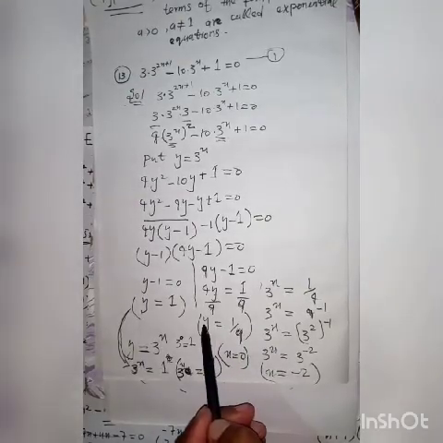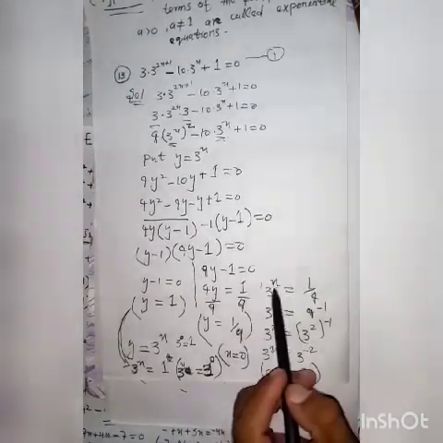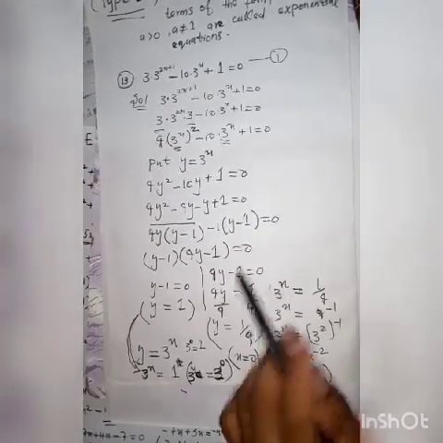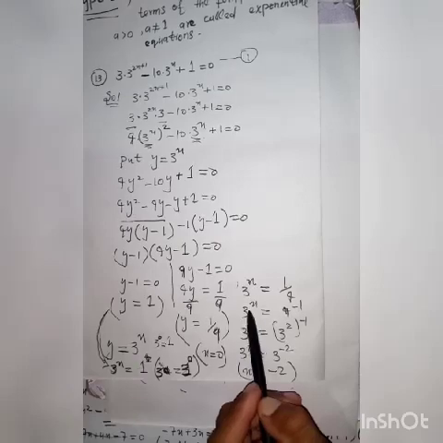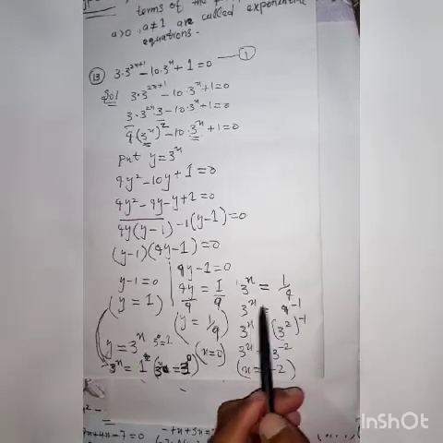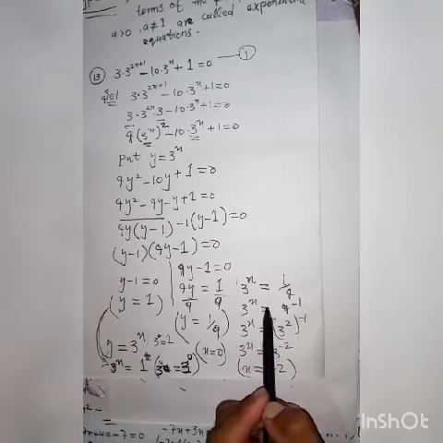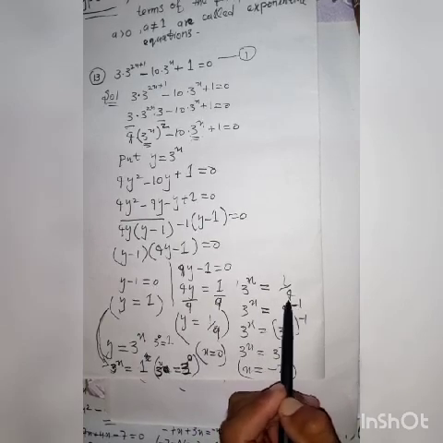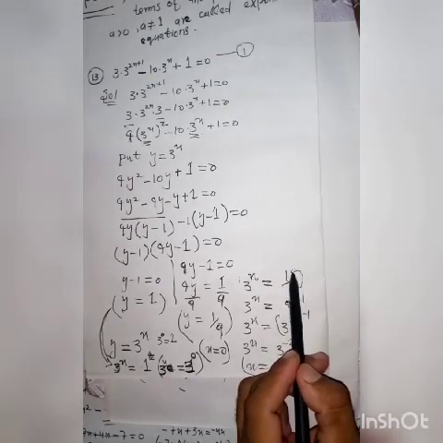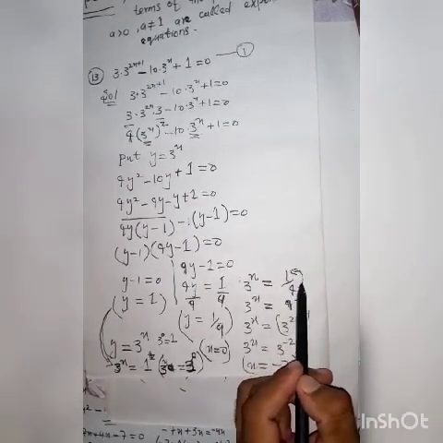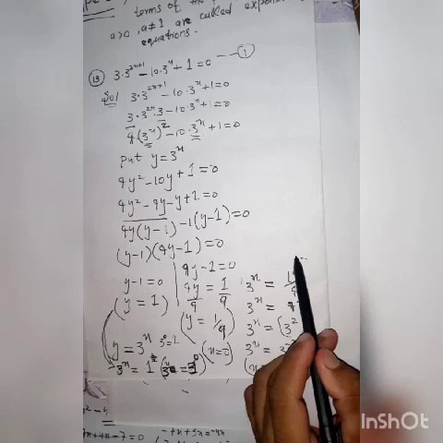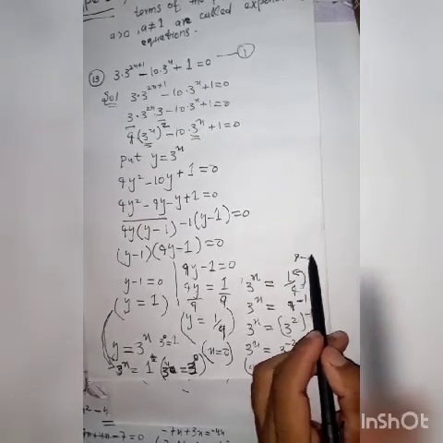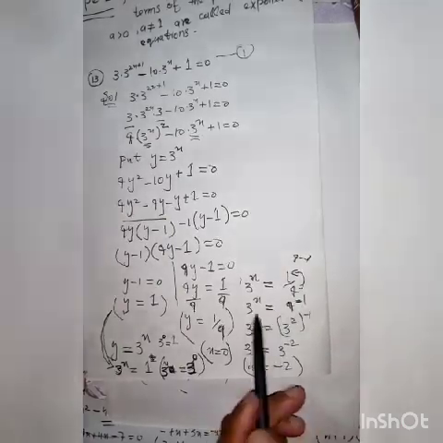Now for the other value, 3^x is equal to 1 over 9. So 3^x is equal to 9^(minus 1), because if we bring this into the numerator it becomes minus 1 as the power.